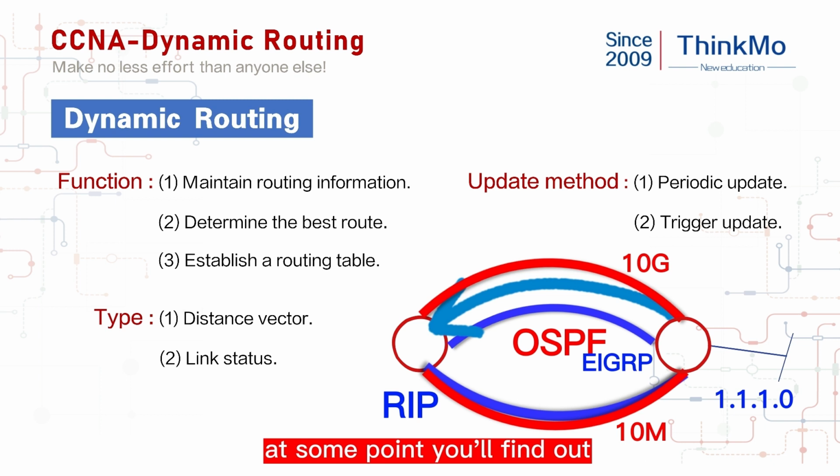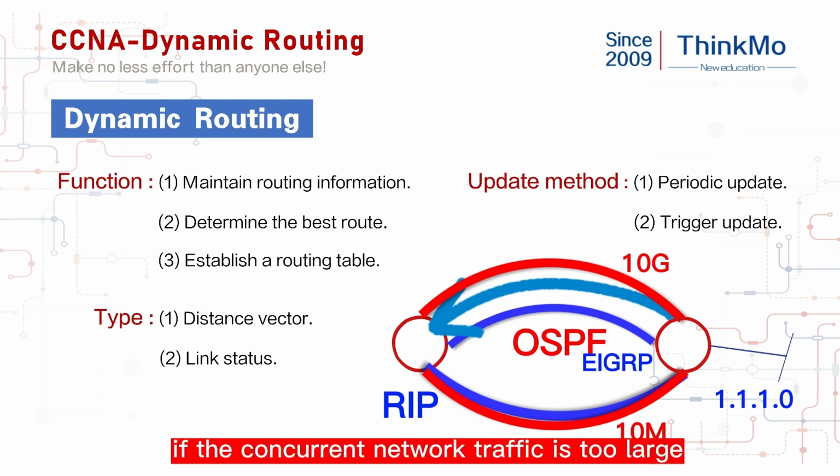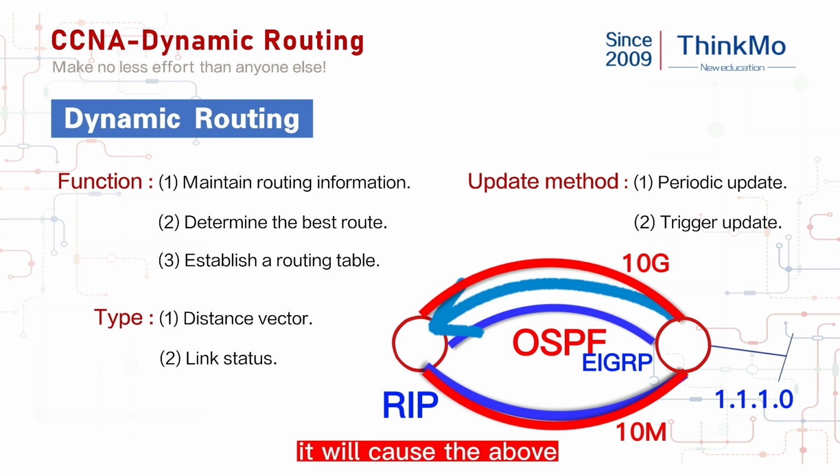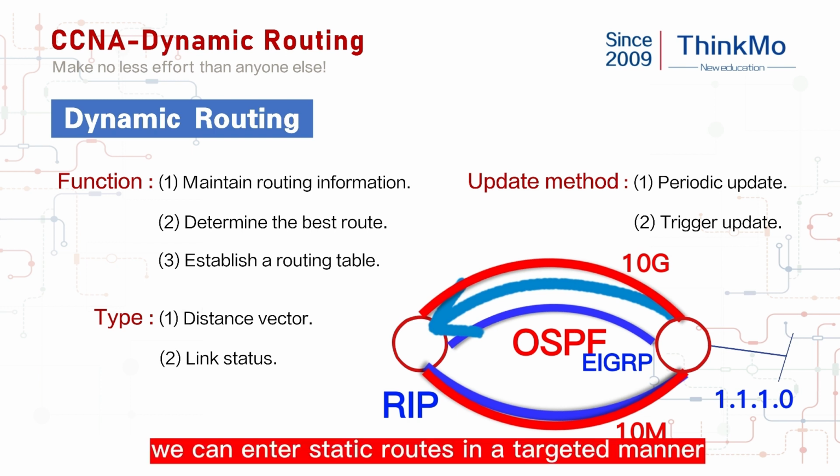At some point you'll find that if the concurrent network traffic is too large, it will cause the above link's bandwidth resources to be full, but the following link is idle. This is common. At that time, we can enter static routes in a targeted manner.